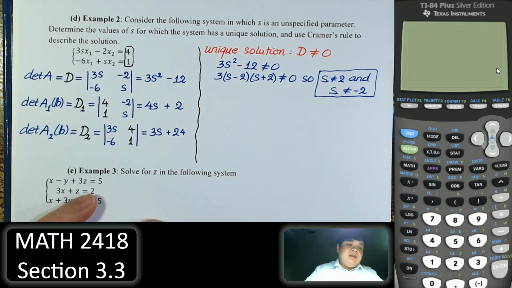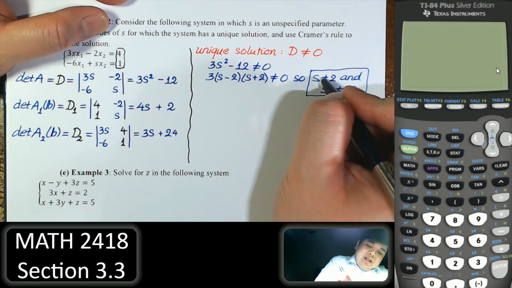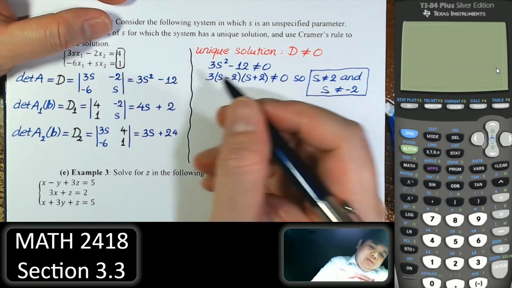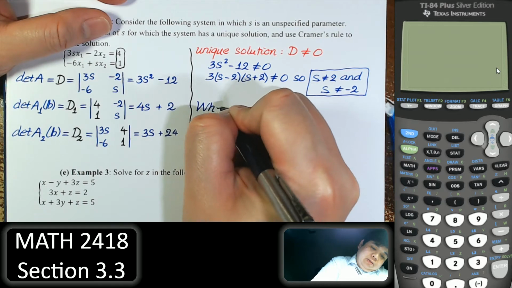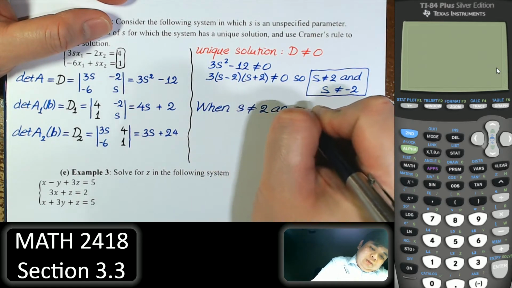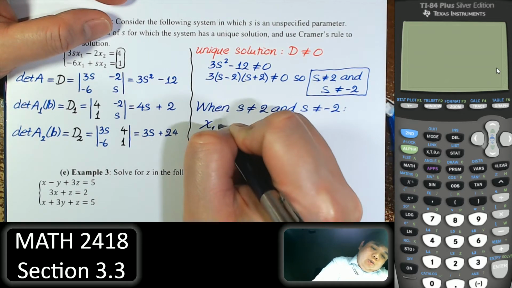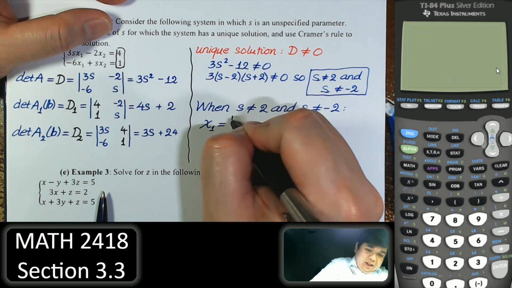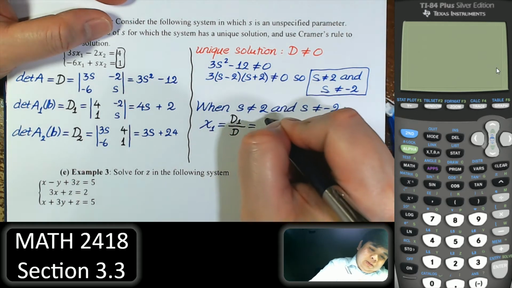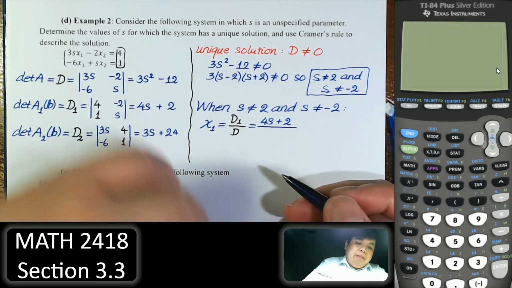And once we have that, when s is not equal to 2 and s is not equal to -2, we have the solution x1 is d1 over d right here.